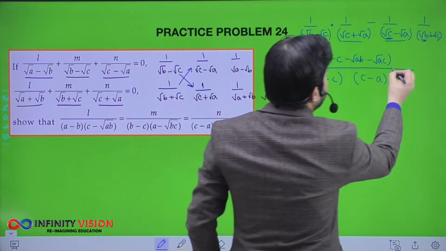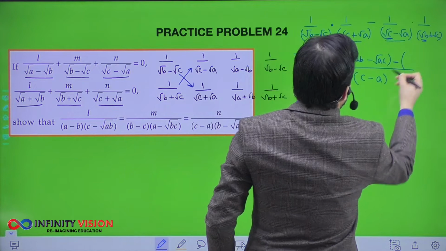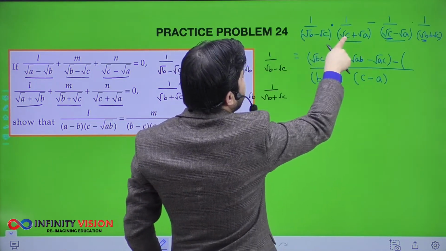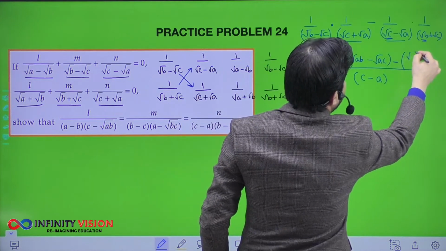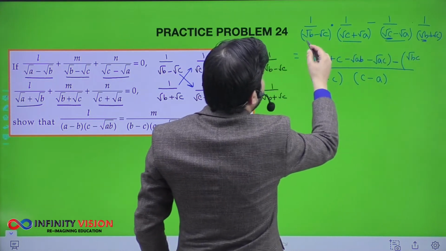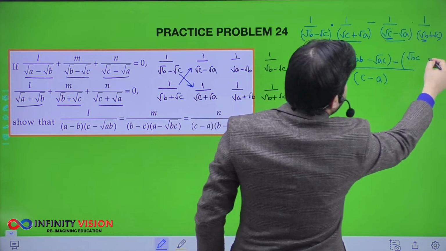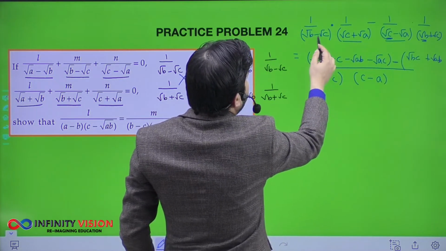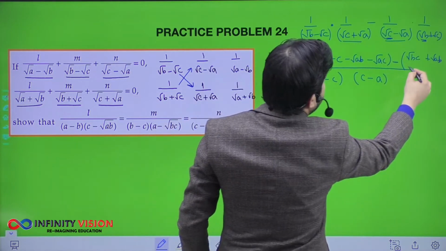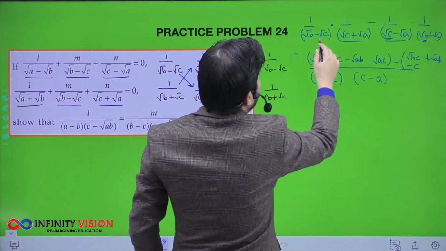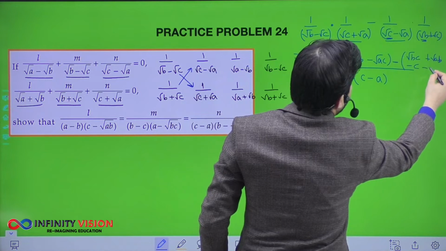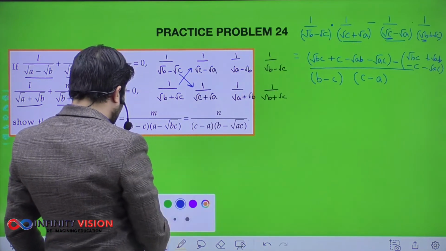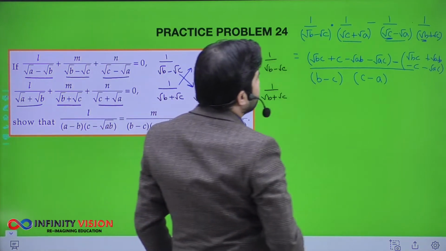Now I need to put the subtraction here, and what I'll get, I'll just multiply these two and put it there. So root b into root c, that makes it root bc, and root b into root a makes it root ab, and minus root c into root c makes it minus c, and minus root c into root a makes it minus root ac. Now you can easily see what all are getting cancelled.